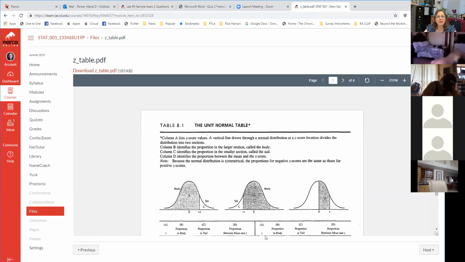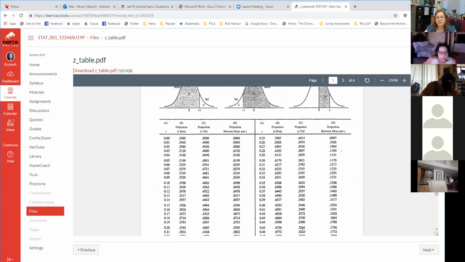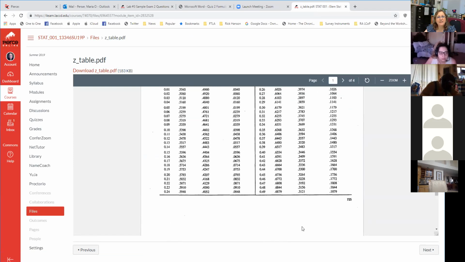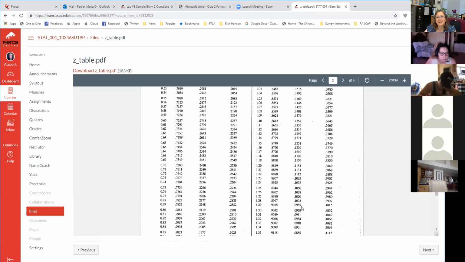We're looking in column C, which is the proportion in the tail, and we're looking for probability 0.10. We keep scrolling down until we get to 0.10. We're getting close here. Here we go. It's between 0.1003 and 0.0985.